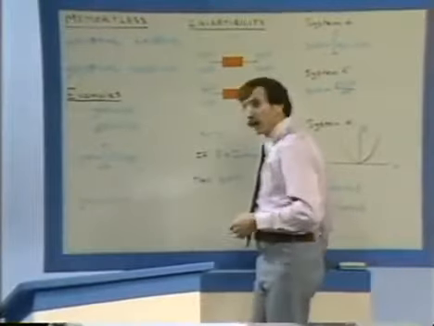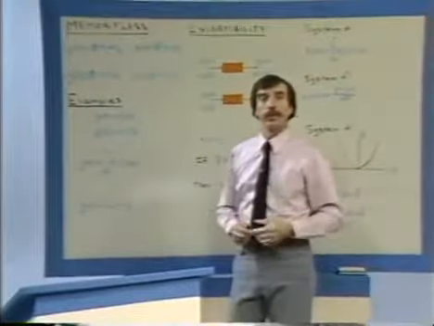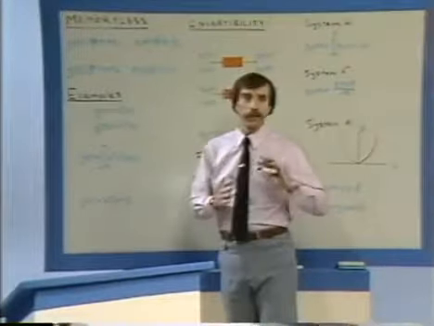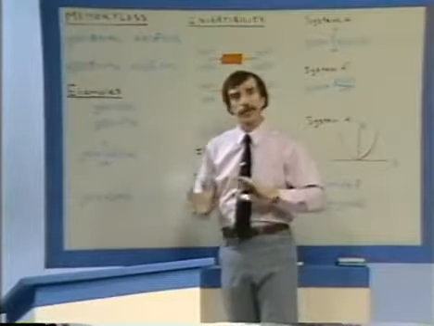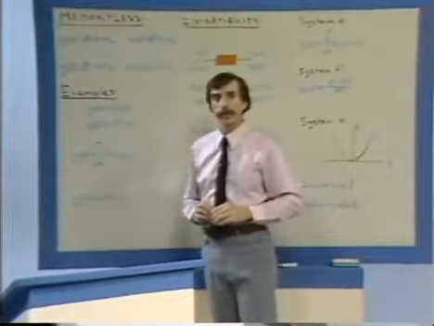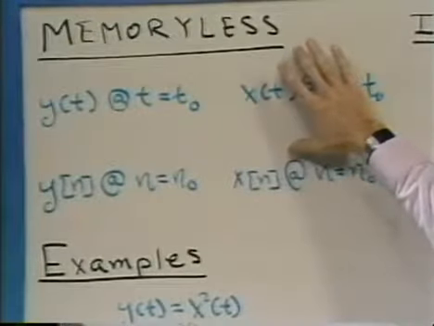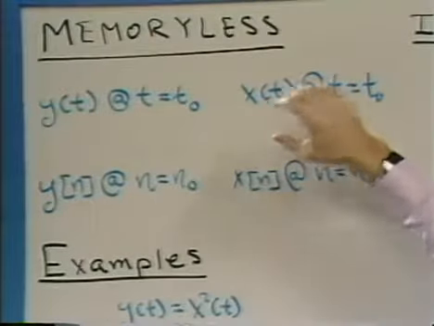Some of them we'll want to impose on a system. Some of them we may not want to impose on a system. But as things progress, we'll tend to find it useful to ask whether a system does or doesn't have a certain property. Well, let's begin with the property which I refer to here as memoryless.